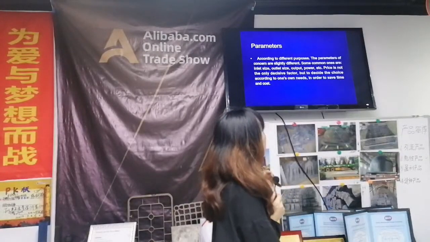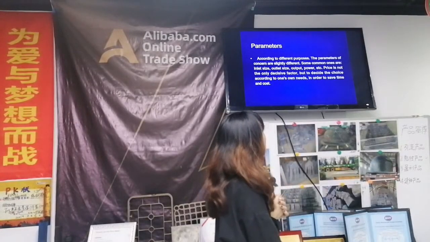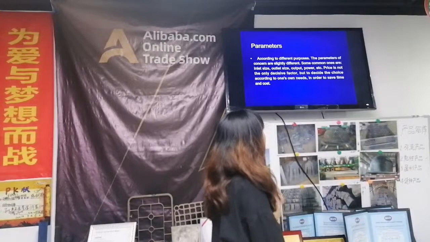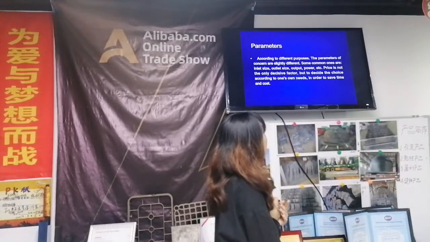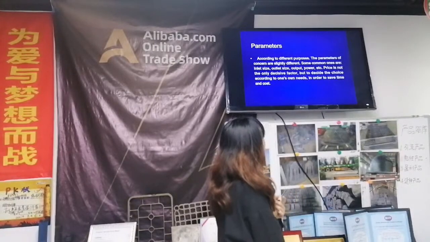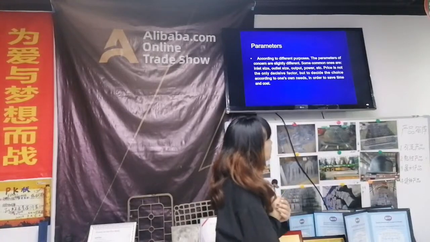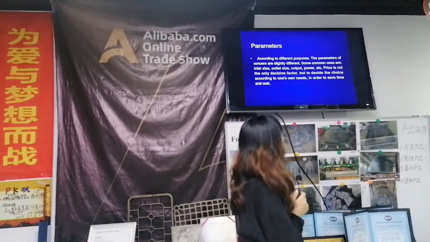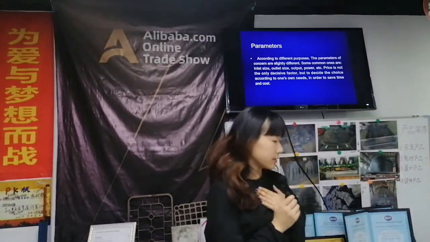According to different purposes, the parameters of concern are slightly different. Some common ones are inlet size, outlet size, output, and power. So the price is not the only decisive factor; decide the choice according to your own needs, in order to save time and cost.